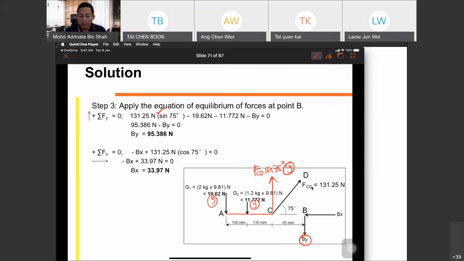So this one positive and then 19.62 negative, 11.772 negative, minus BY negative. So BY is equal to 95 Newton. And then for Fx, you have FCD cosine 75 minus Bx. Then you can solve your Bx. So you get your answers Bx, By, FCD.